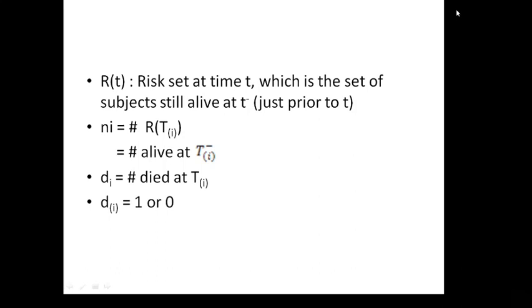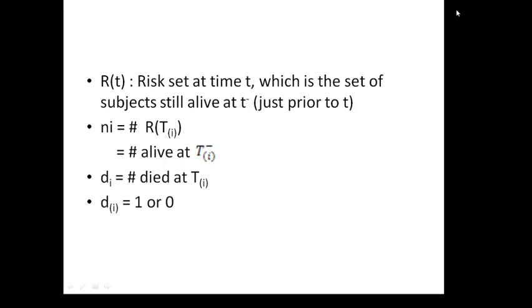So Ni is the cardinality of the risk set at Ti, or alternatively it is the number of individuals which are alive at the time t bracketed i minus. Now exactly at time point t bracketed i, there may be a death or there may not be a death. So the number of individuals who have died at time point t bracketed i will be denoted by Di.